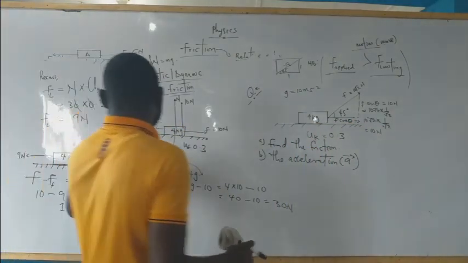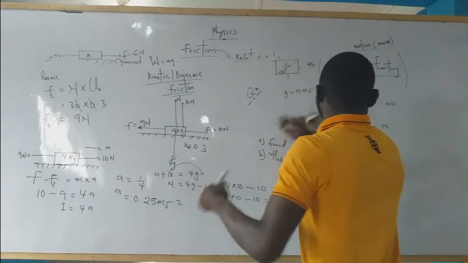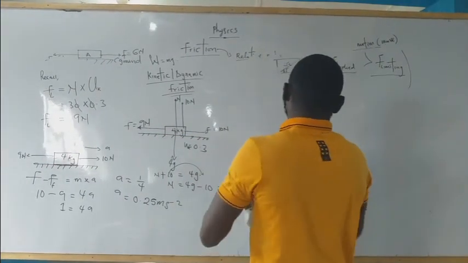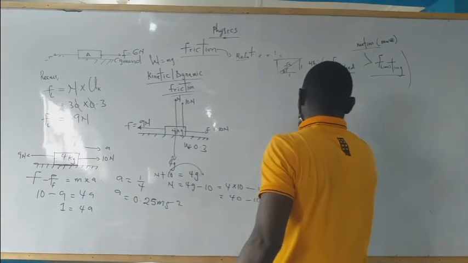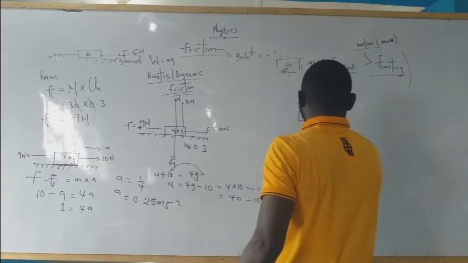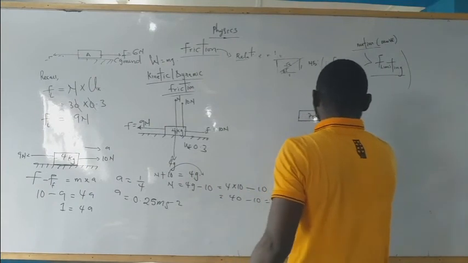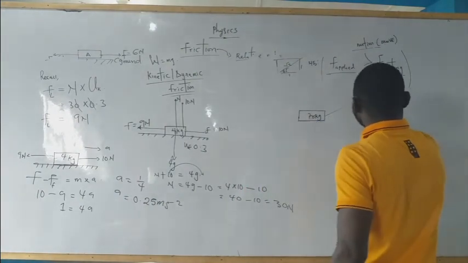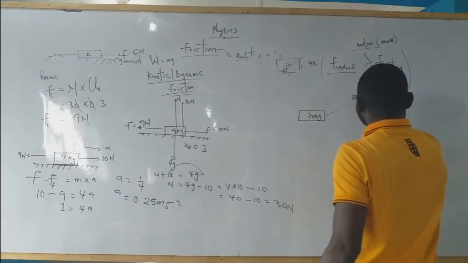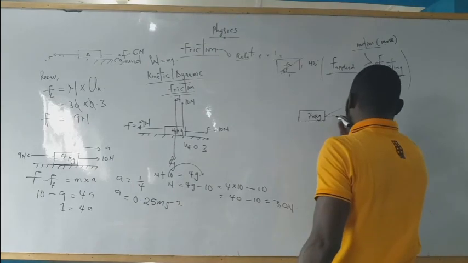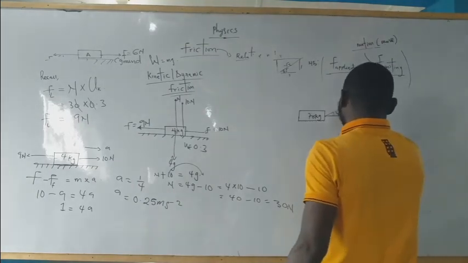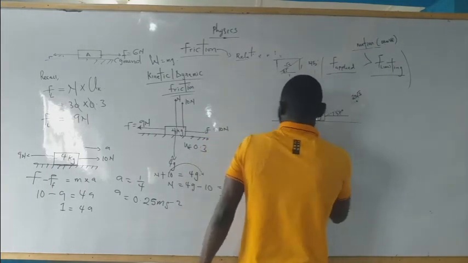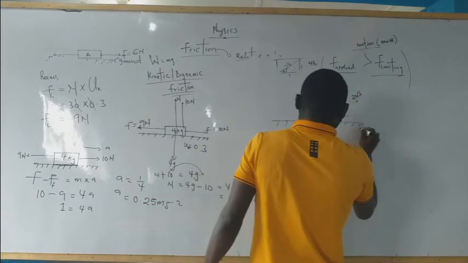Okay? Now try this. 70 kg, force of 20√3 at an angle of 37 degrees to the horizontal.